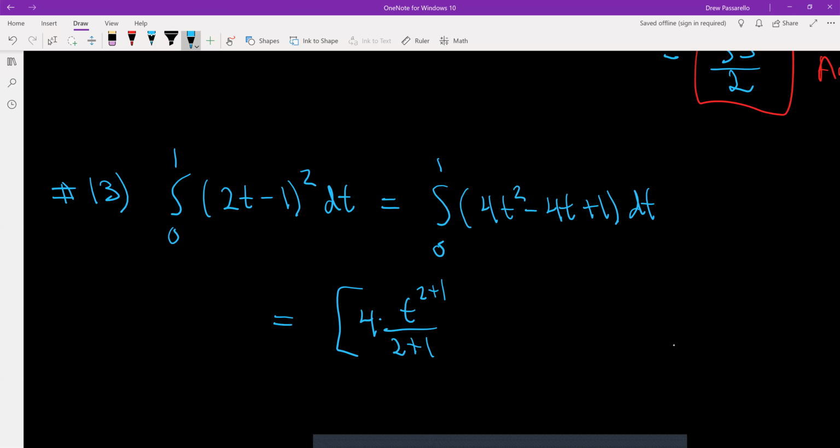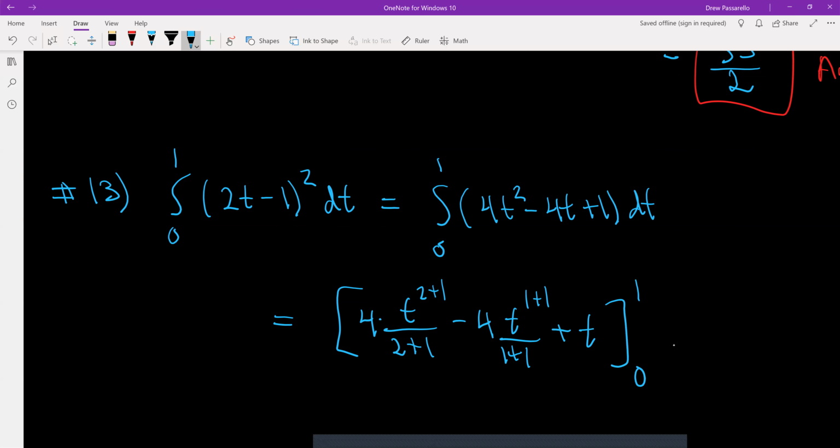And then for the minus 4t, that's going to be minus 4 times t to the 1 plus 1 divided by 1 plus 1. And then when I integrate 1, that turns into t because that's 1 times t. And I'm going from 0 to 1.